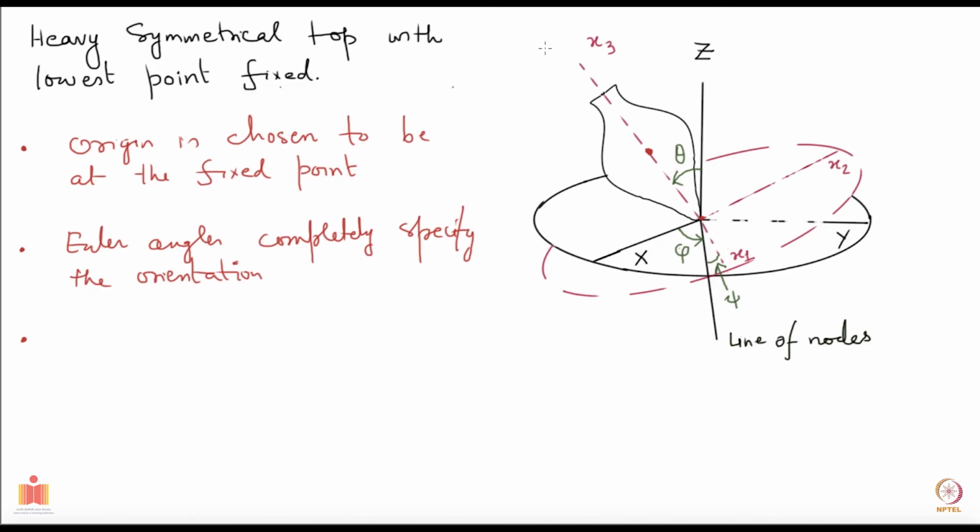So that's one of the directions of the body coordinates. So let me write it down: one of the principal axes is the axis of symmetry.